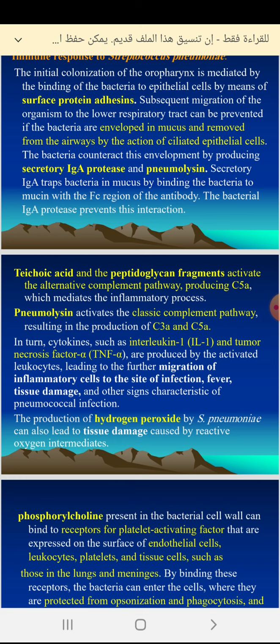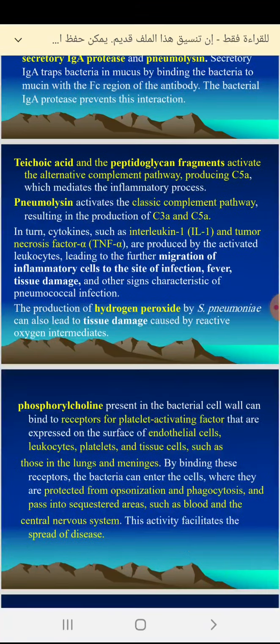We also have some structures, such as teichoic acid and peptidoglycan fragments of this bacteria, present in the cell wall of this bacteria. These structures activate the alternative complement pathway and produce C5a. This leads to an increase in the inflammatory process.